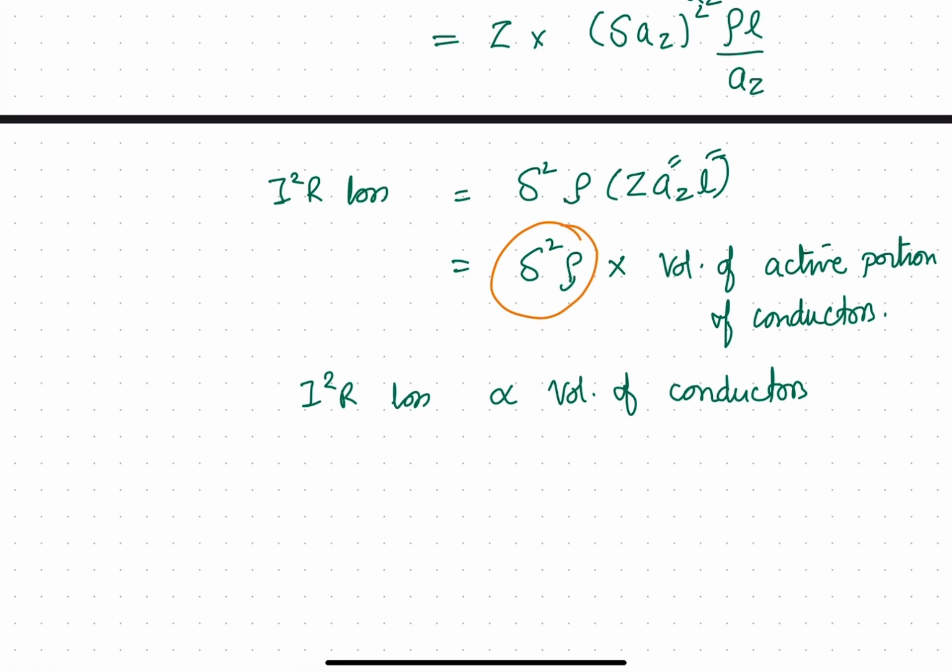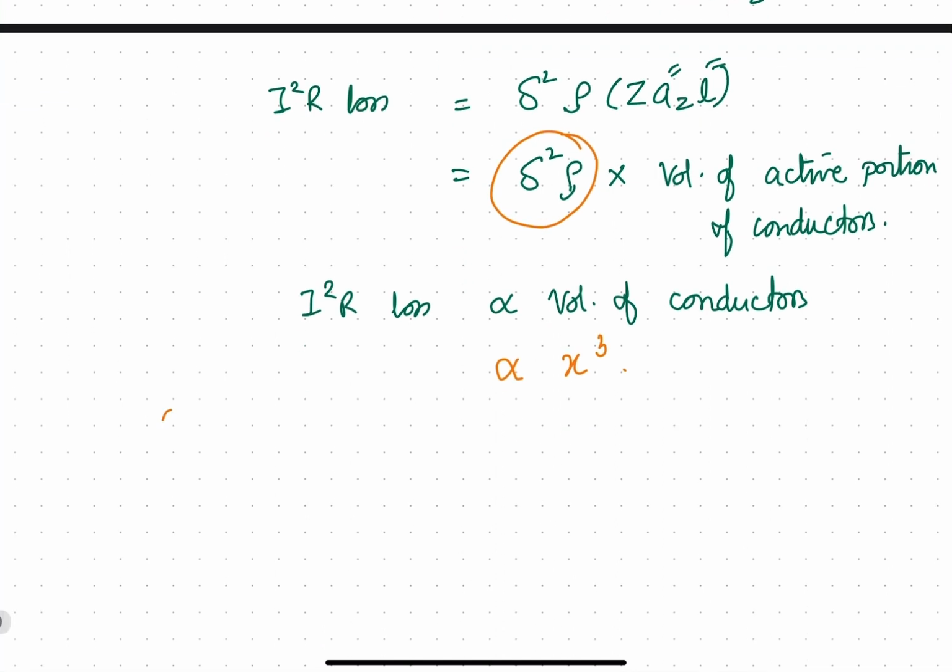So therefore the I square R loss is directly proportional to the volume of the conductors, so it can be concluded that it's directly proportional to x cube. So the copper loss of machine A is x to the power 3 times that of machine B.